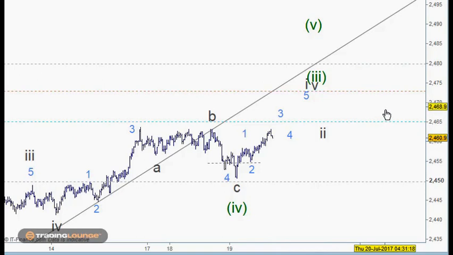I mean 70, 68, and so on. I just put the skeleton of it there, but we should just continue to move up from this stage. If this was the high here, which it's not on the cash market and it's not here as well, they have 5 waves down here, then we'd have an A and a B wave to here and a C wave to here.